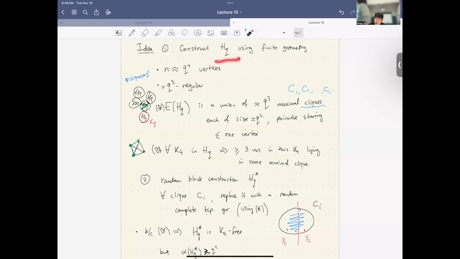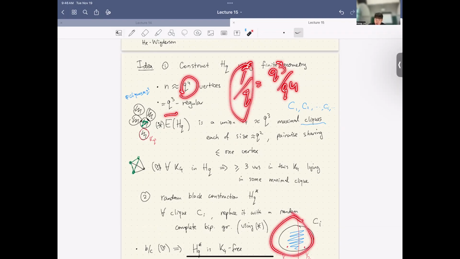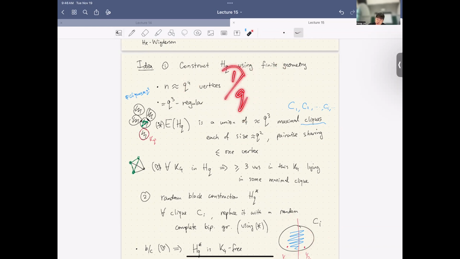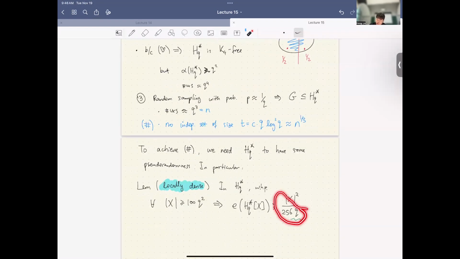So let's just look at HQ. In HQ, the number of vertices is Q to the 4. Degree is Q cube. So the edge density is Q cube over Q to the 4, which is 1/Q. So if you uniformly pick 2 vertices in this graph, HQ or HQ star, the probability that you see an edge is 1/Q. So this 1/Q is the correct edge density for the pairs in X, right?